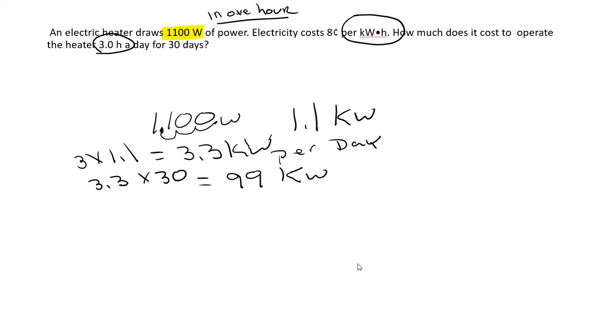If each kilowatt costs 8 cents, I'm going to have to go 99 kilowatts times... Remember, when we do change, we have to do the decimal version of change. So 8 cents is really 0.08.